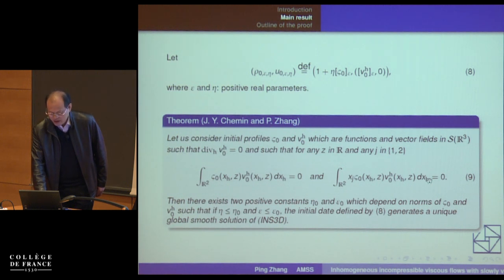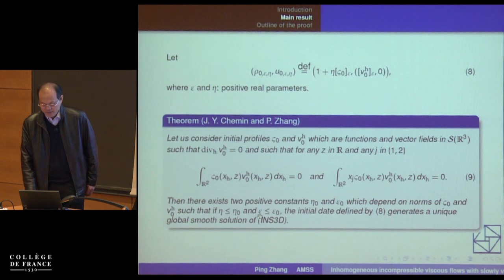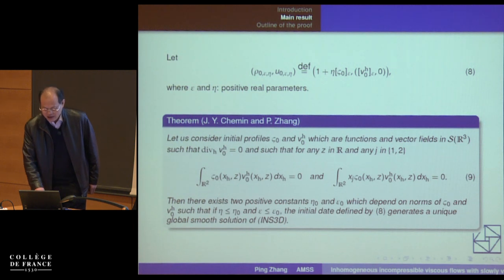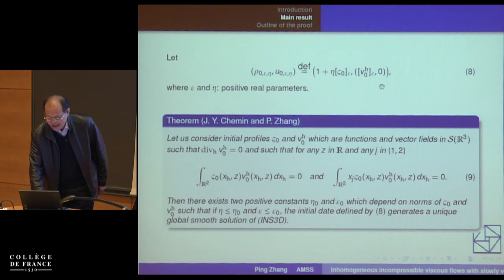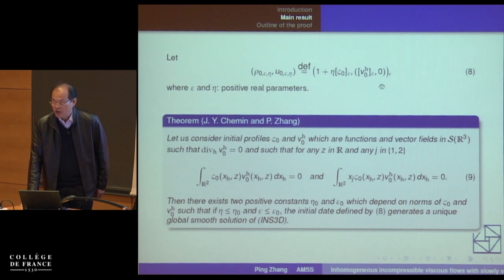With this condition, we can find two positive constants, eta 0 and epsilon 0, such that for eta less than or equal to eta 0 and epsilon less than or equal to epsilon 0, this initial data generates a unique global smooth solution to the 3D inhomogeneous Navier-Stokes system.